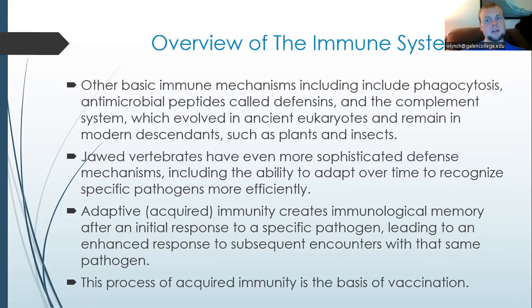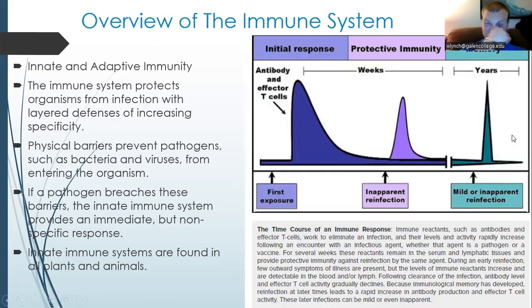So we produce B memory cells and T memory cells that are able to take that response and kick it on again if we come into contact with the pathogen a second time. So for our adaptive immune response, we have to be able to protect against an organism if it comes back again, and that memory comes into play with the B and T memory cells.